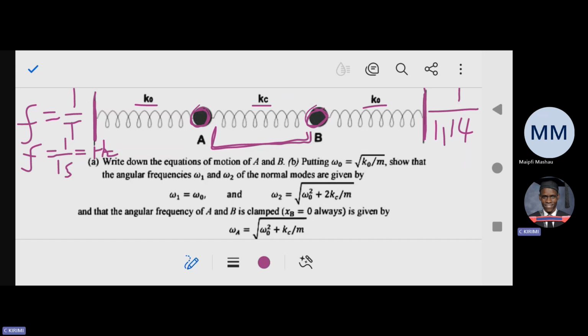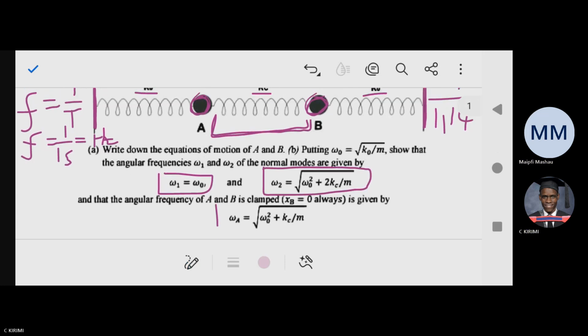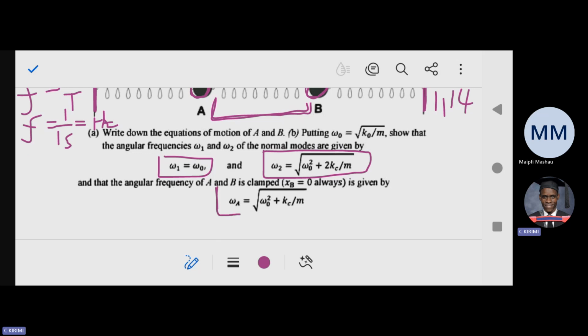When you do a derivation, we must arrive here. That is what we are doing. Given that ω0, ω1, we must also show this. So it's a matter of deriving this equation. You get it? So at the end, we need to get these values. These are the answers.